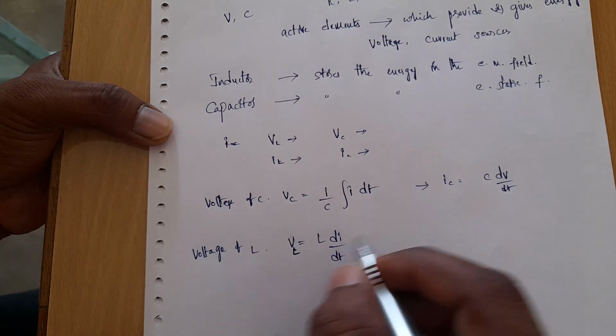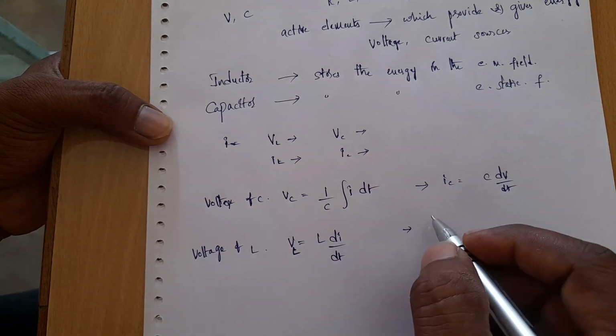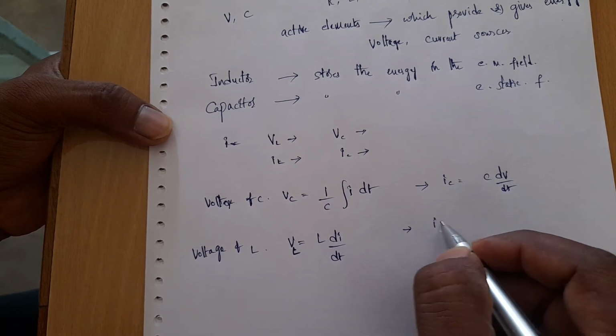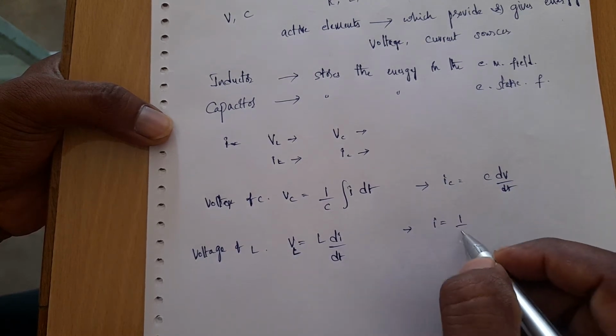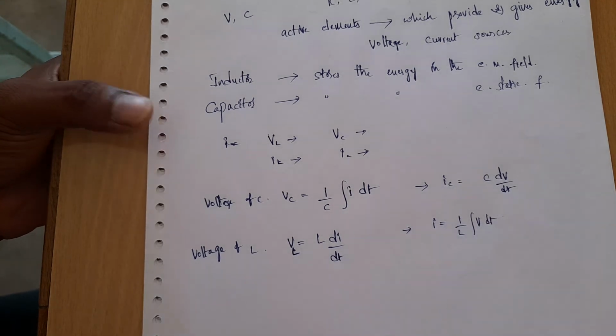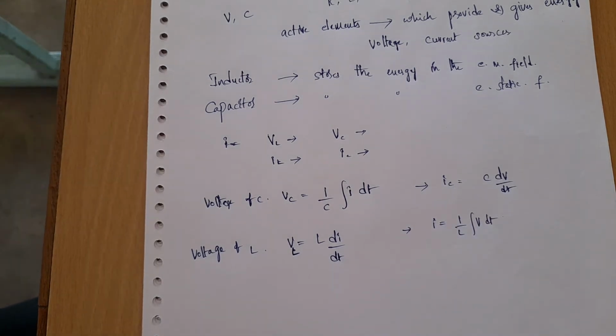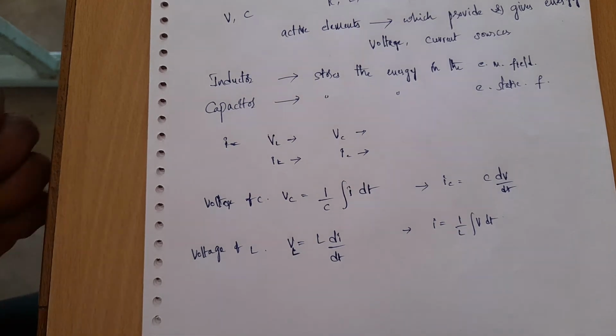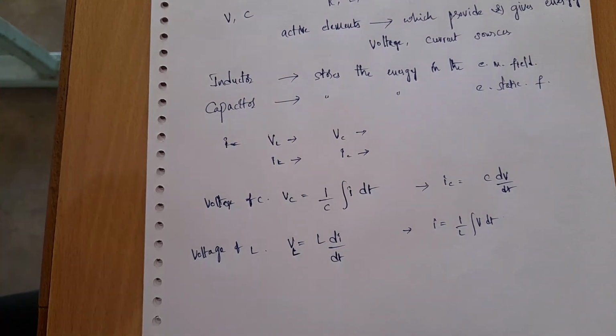And for the current equation, I is equal to 1 by L into integral V dt. Those are the formulas for voltage and current for both inductor and capacitor.